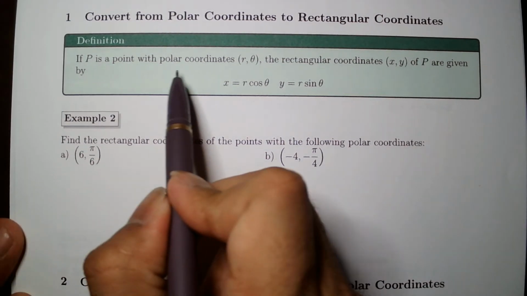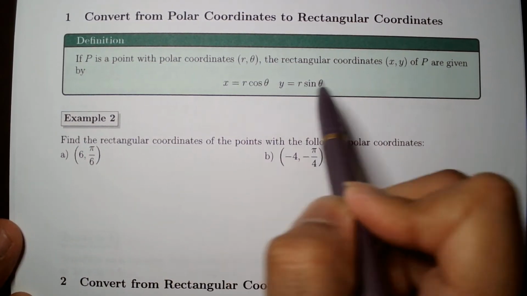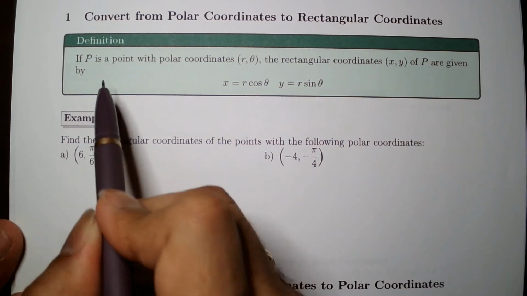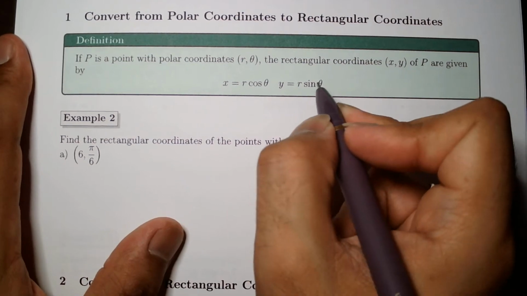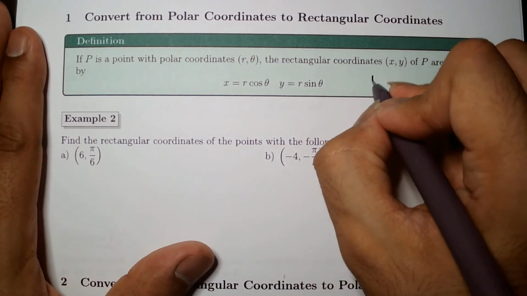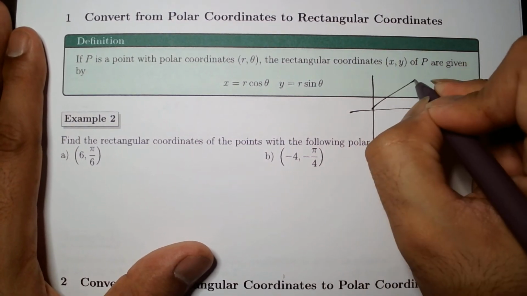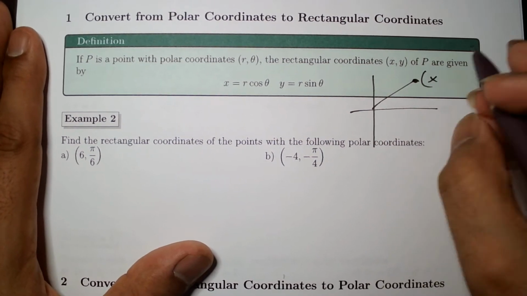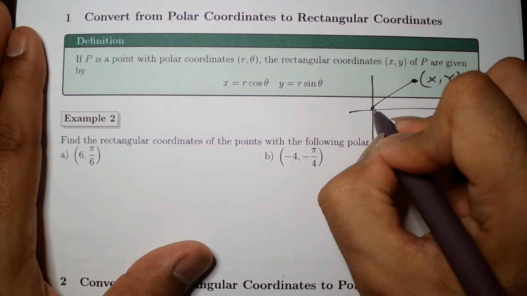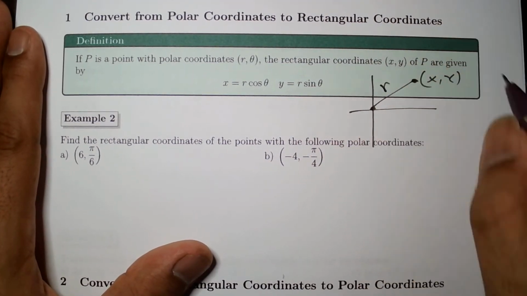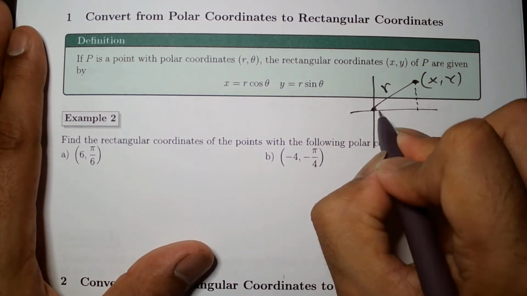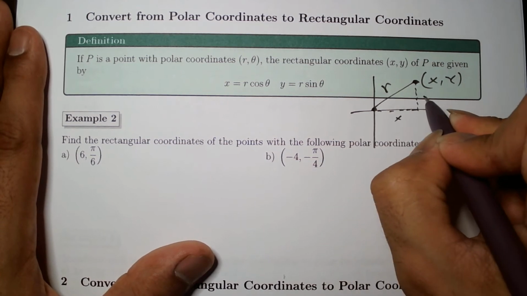If P is a point with polar coordinates, the rectangular coordinates x, y are given by x equals r cosine θ, y equals r sine θ. These come from, for example, the point (x, y) that goes from the origin to the point with a radius r. So this is x, this is y.